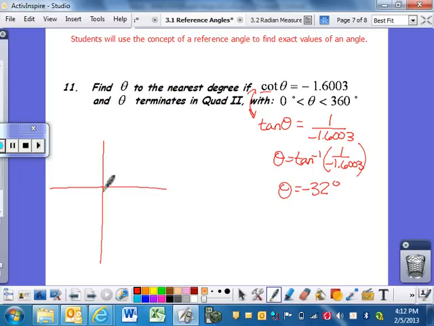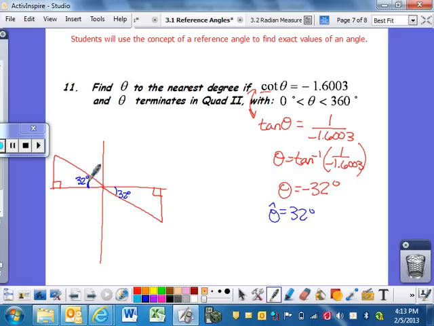So just like the last problem, I know I'm in the fourth and the second quadrant with the same rationale that I used before. This negative 32 degrees is telling me that I'm going 32 degrees down, but in all actuality that means my theta hat is just positive 32 degrees, which likewise is just saying that in the other quadrant that same reference angle is also going to be 32 degrees.